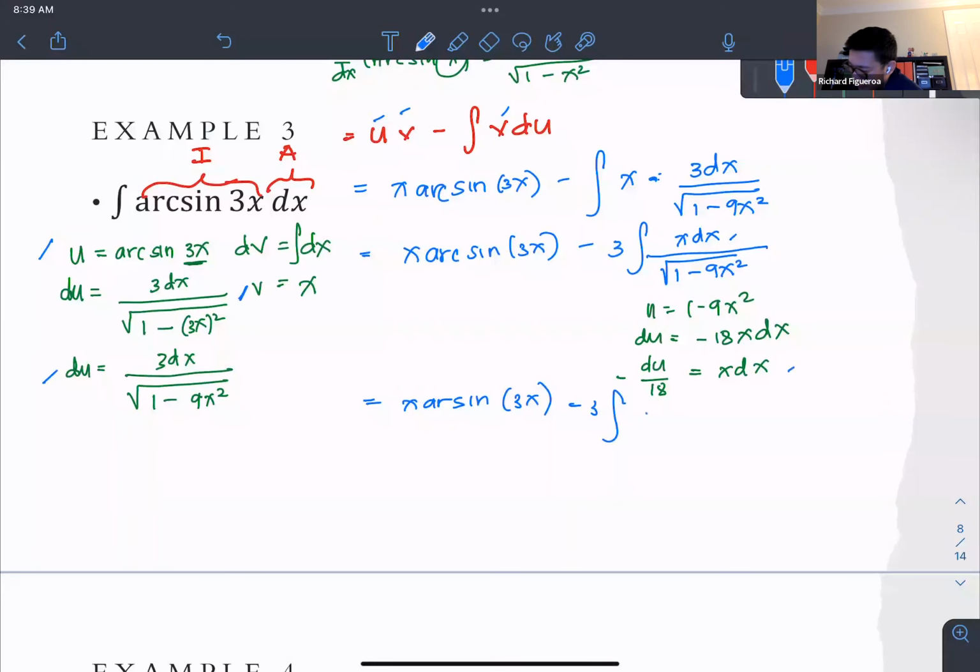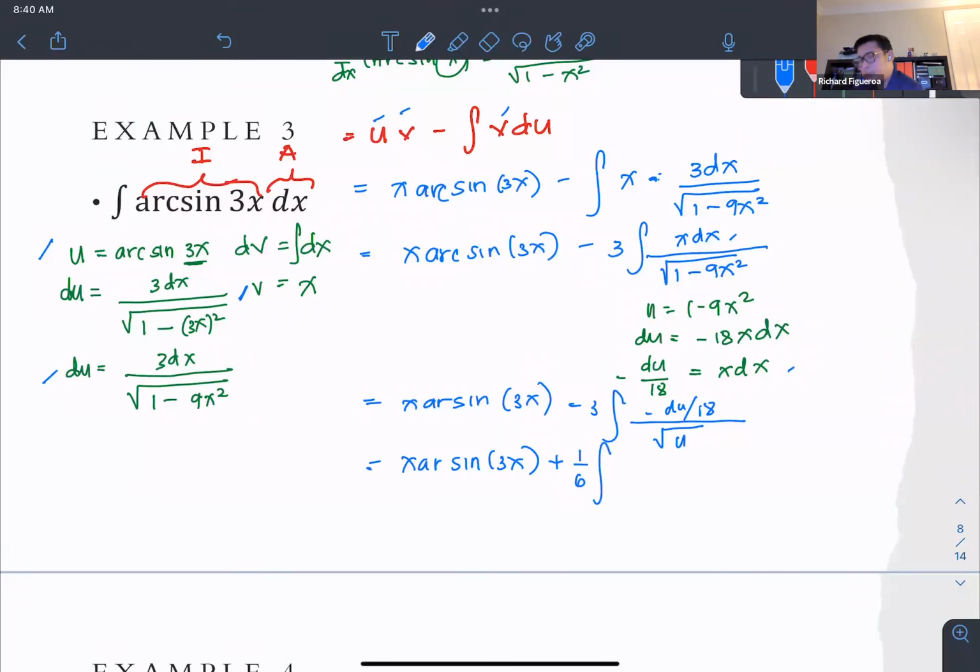Ito, di ba? So negative du over 18, and divide it with the square root of u. So negative 3 times negative 1 over 18, so positive 1 over 6. Di ba?